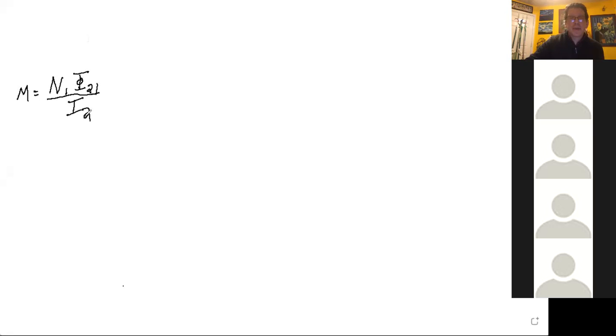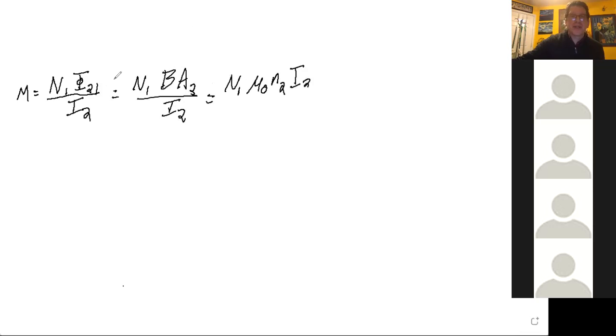So the flux is equal to B times A2, but B is equal to mu naught times N1 I1. So the flux in total would be equal to mu naught N1 I1 times A2. It's N2 I2 because you want the flux due to the second coil that's acting on the first coil.